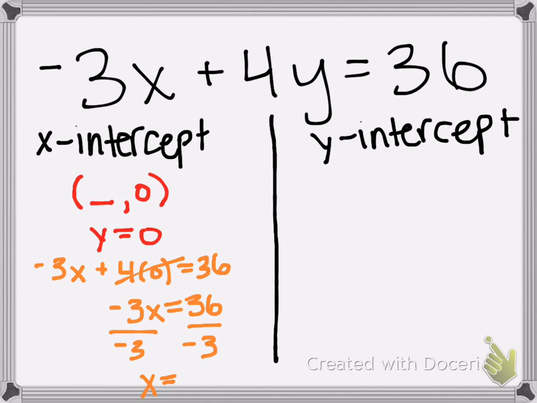What's 3 divided by 3? It's 1. So this is negative 1. And then 6 divided by 3 would be 2. So this is negative 12. And your x-intercept here is written as an ordered pair. Negative 12, 0.